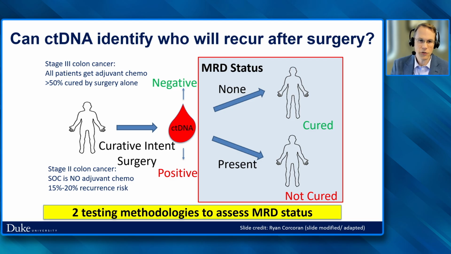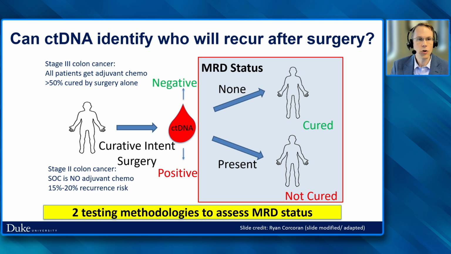For patients with stage 2 colon cancer, these patients oftentimes have a more favorable risk profile. So the standard of care is frequently no adjuvant chemotherapy, and yet 15 to 20% of these patients will still recur. So in that case, we're undertreating some patients.